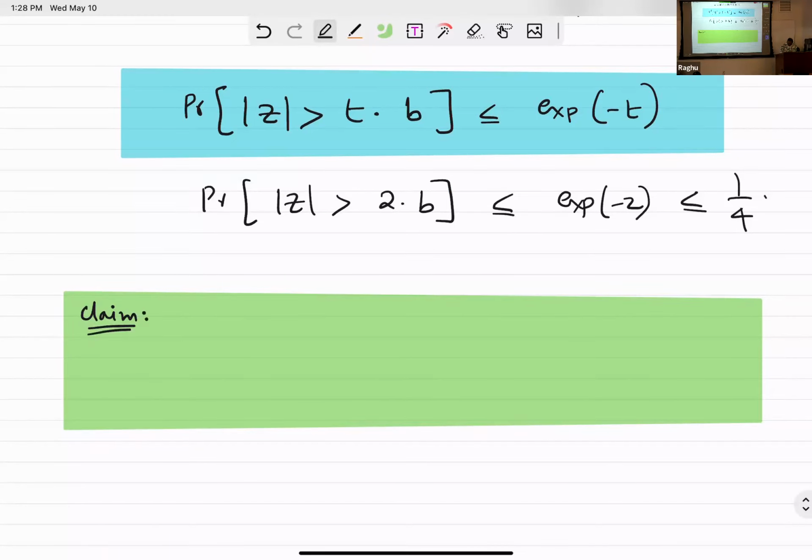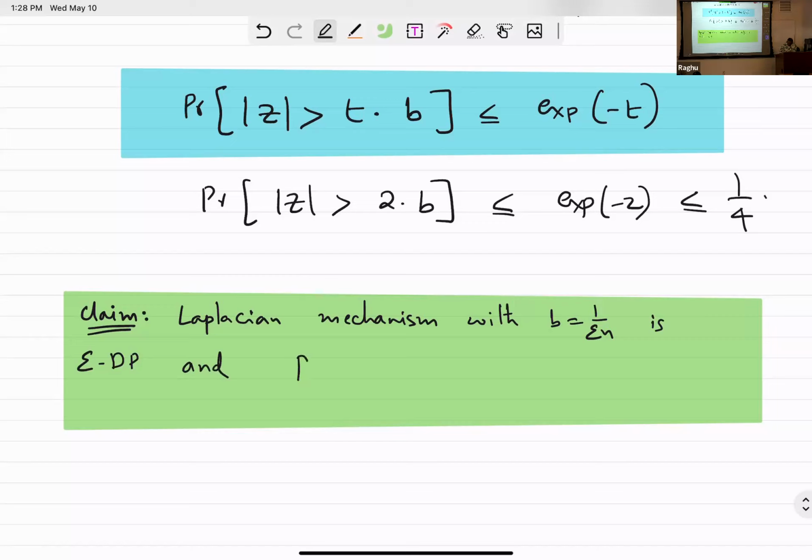So what does this tell us? The Laplacian mechanism with b equal to 1/epsilon n is epsilon differentially private, and the chance that your answer differs from the actual value by more than 2/epsilon n is at most 1/4.